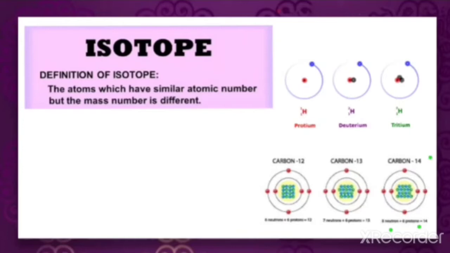So we can say that isotopes are atoms having the same atomic number but different mass number. Why do they have different mass numbers? Because the number of neutrons is different, as the number of protons is the same, since these are atoms of the same element with the same atomic number.